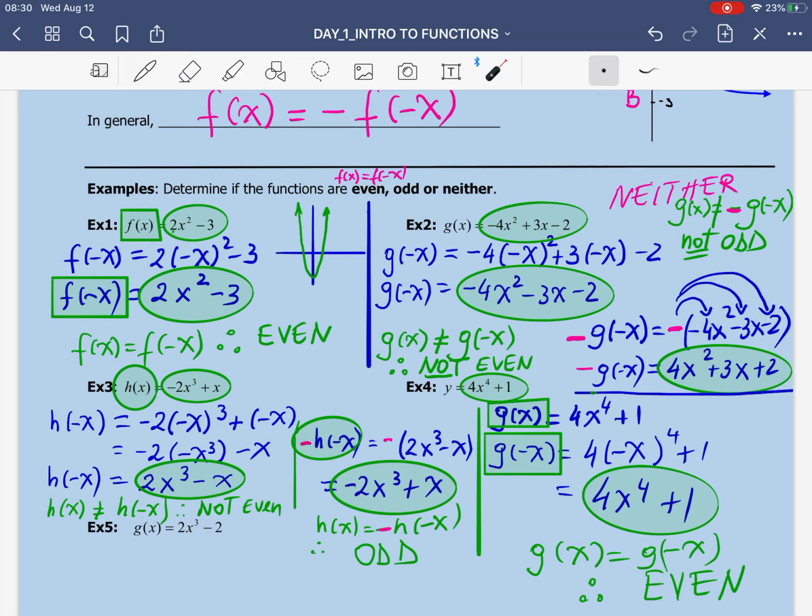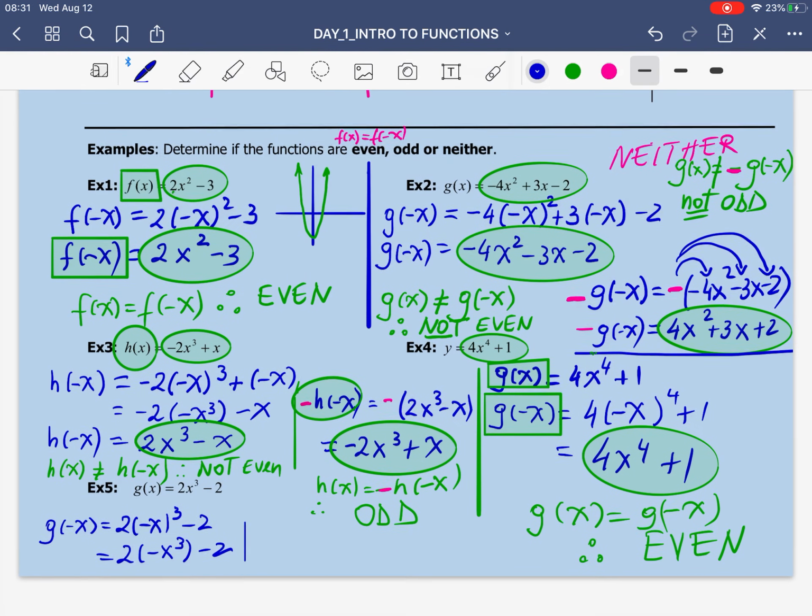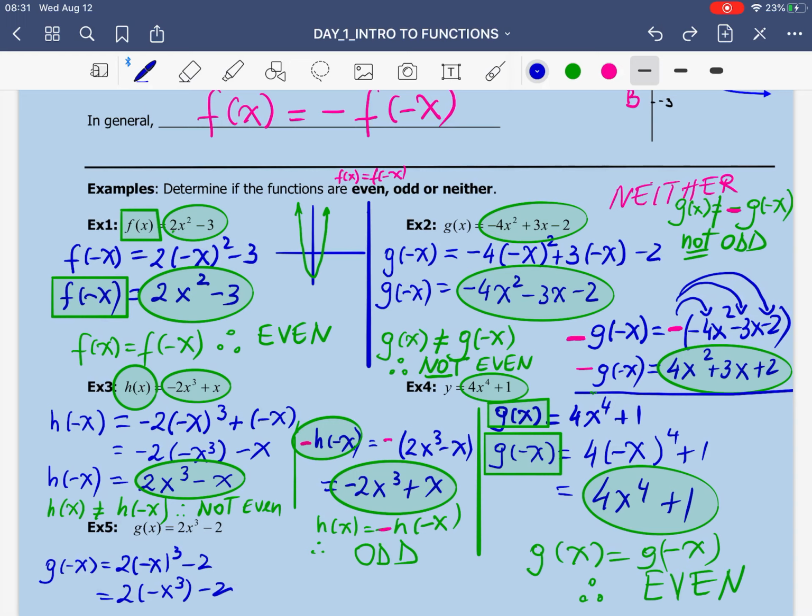Okay, so 2x cubed minus 2, I'm going to start with g of negative x, which is 2 times negative x cubed minus 2. So that would equal 2 times negative x cubed minus 2, and even more, negative 2x cubed minus 2. That would be g of negative x.